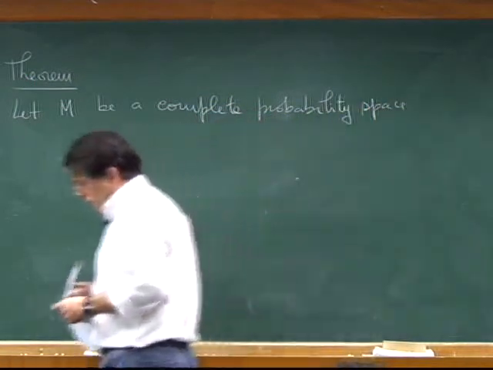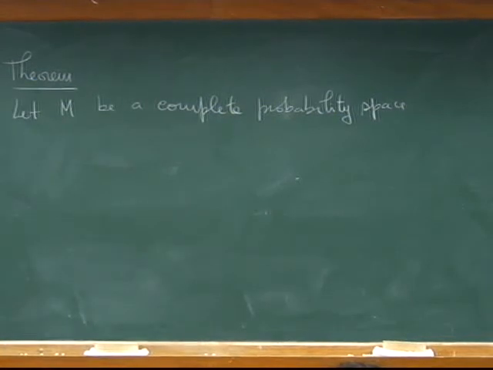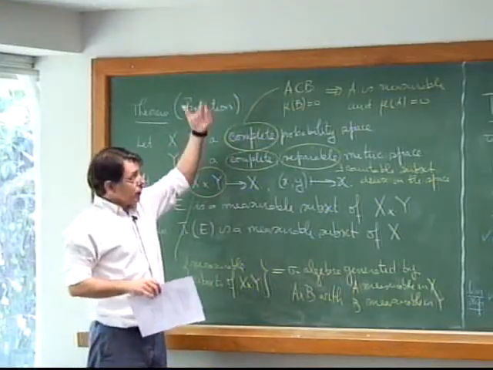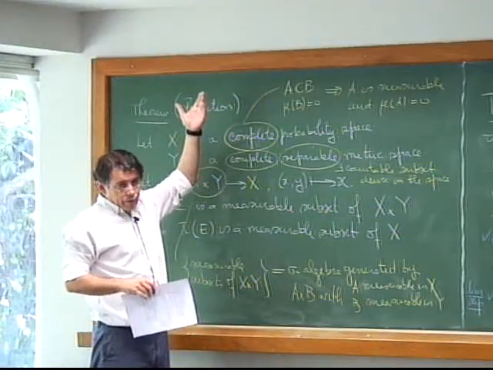By the way, I didn't say it, but this is a definition: a complete probability space is one where any subset of a set with zero measure is measurable.